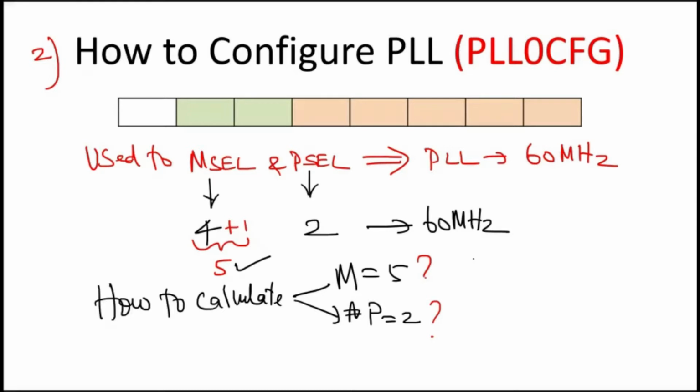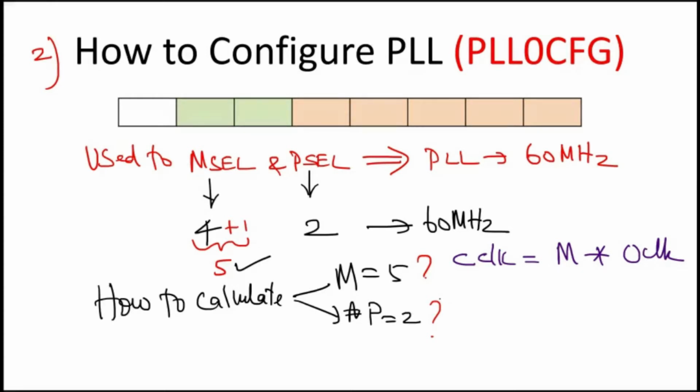The value of CPU clock or C clock is equal to M multiplied by the value of oscillator frequency or oscillator clock. Whatever is the oscillator clock, you multiply that by M, you end up getting the CPU clock. That is the first equation.